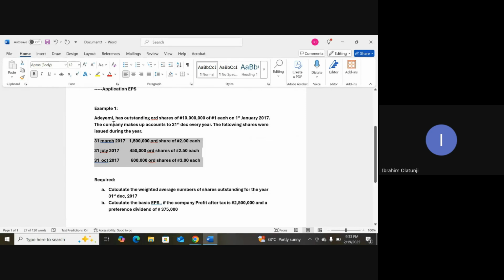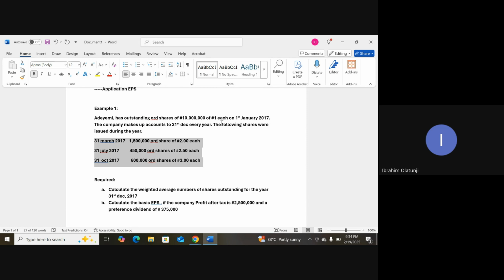So the existing share is the 10 million of 1 naira each. That is ordinary share of 10 million naira of 1 naira each. That is why we say that one is outstanding. Then that one is called the existing shares. So we need to calculate the existing shares first, and also calculate the new issue.